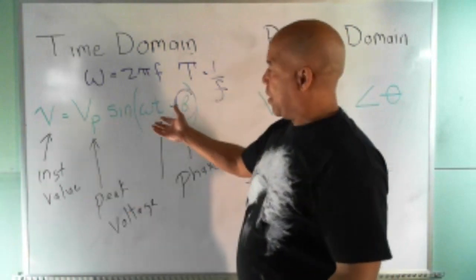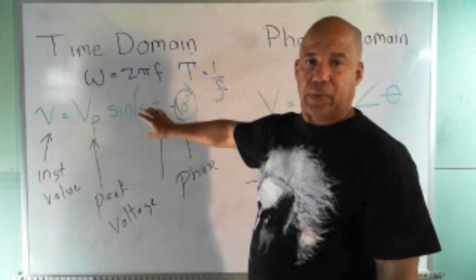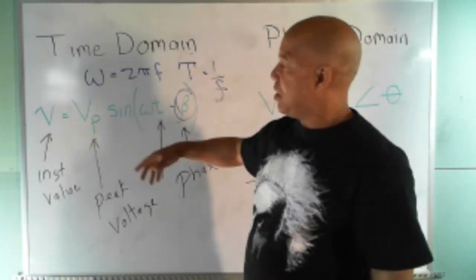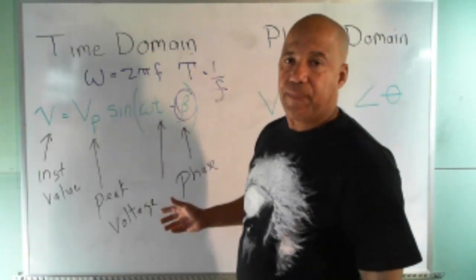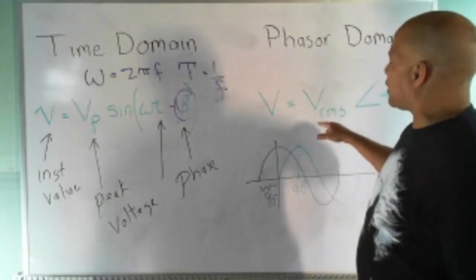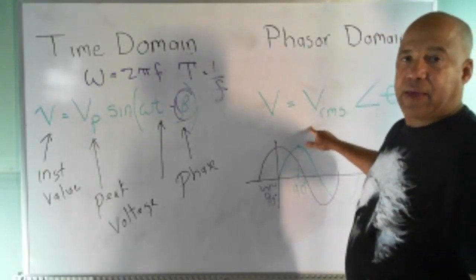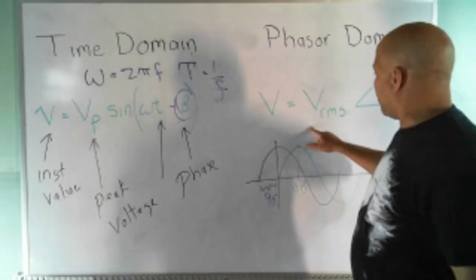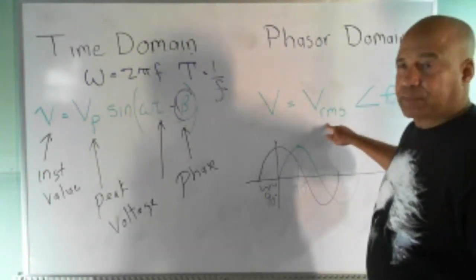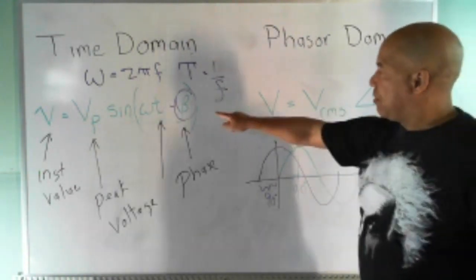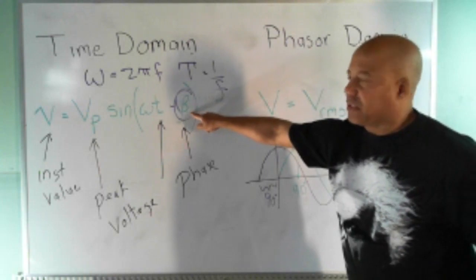Remember, what if you had to put that into mesh analysis or nodal? You wouldn't like that at all. So it turns out that if we express quantities in the phasor domain, that means we have a magnitude in RMS, and then whatever the phase angle is from our time domain.